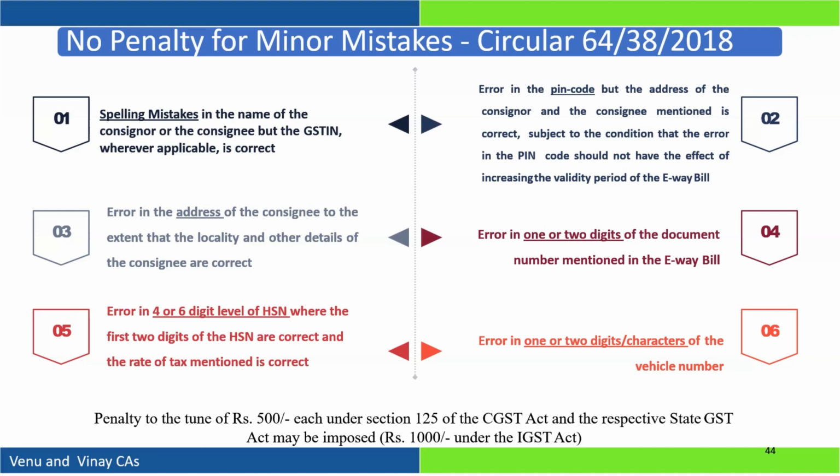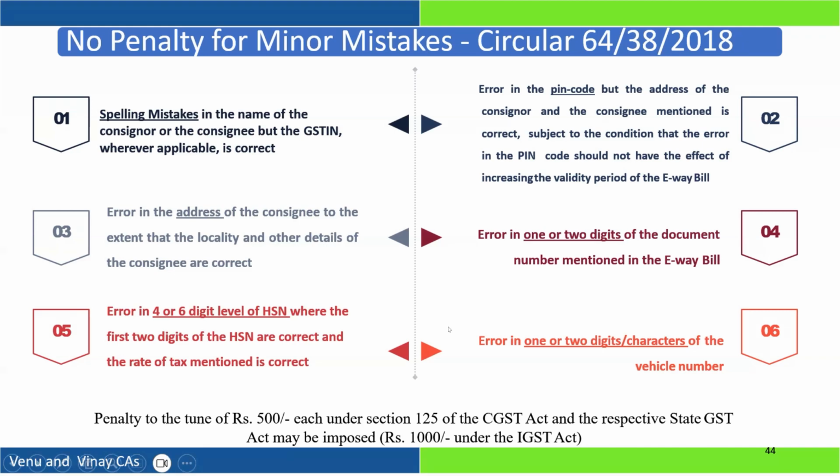So there are 6 instances given. One is a spelling mistake in the consignee name, but the GST number is correct. The address is wrong, but the locality is close by. An error in the 4 or 6 digit level of the HSN, but the first 2 digits are correct.